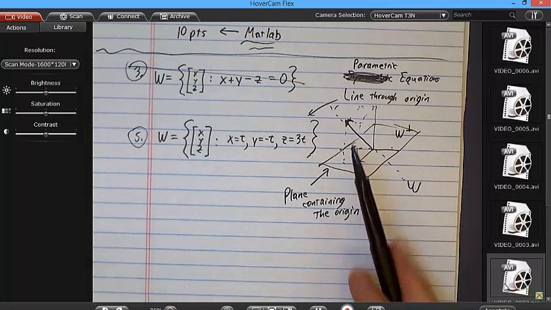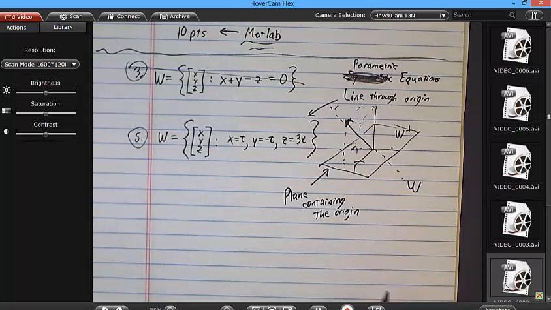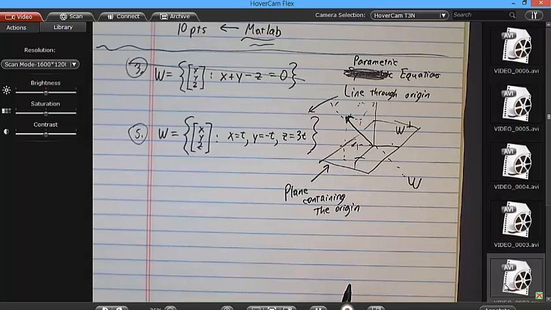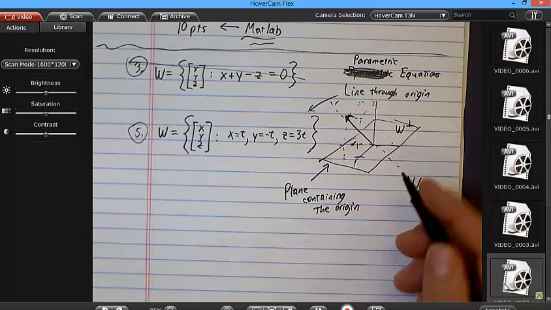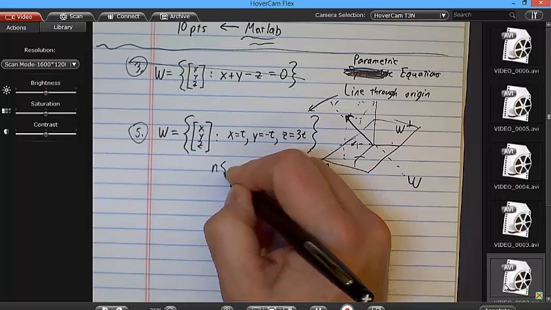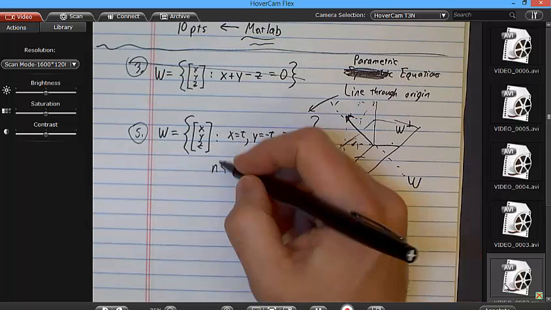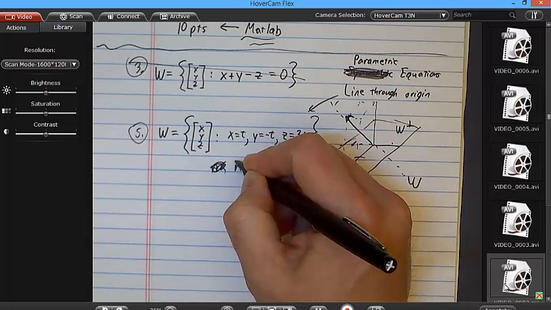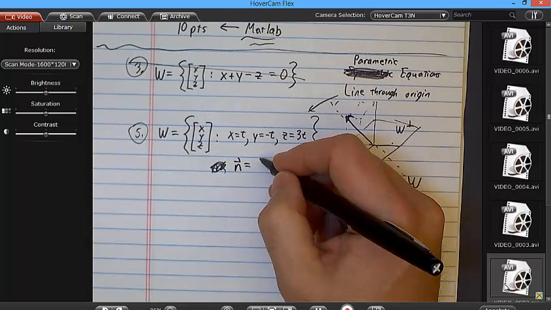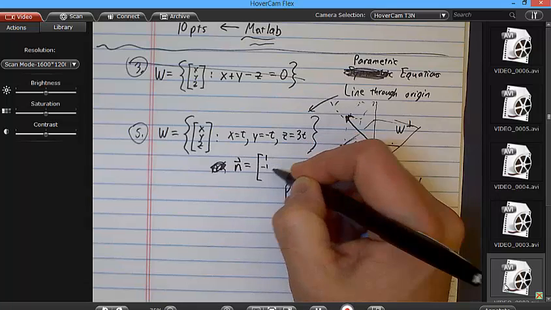And I also remember learning that if you have the normal vector of a plane, you really have the equation. So remember, this normal vector is the same thing. It's basically a basis for W. My normal vector, like in Calc 3, would be 1, -1, 3.